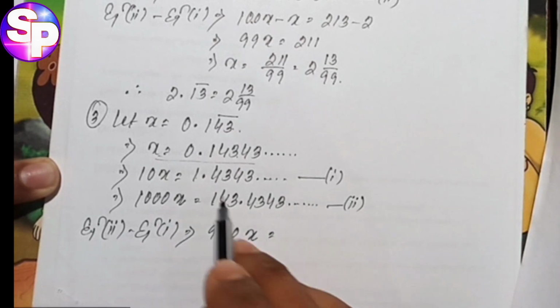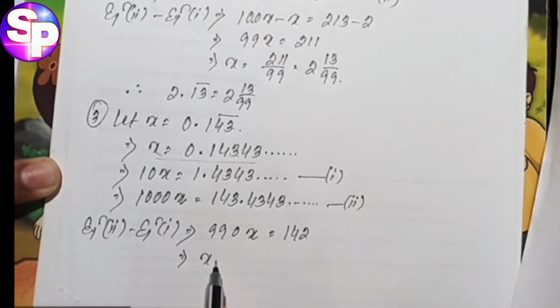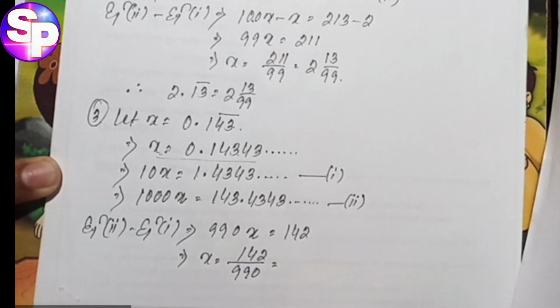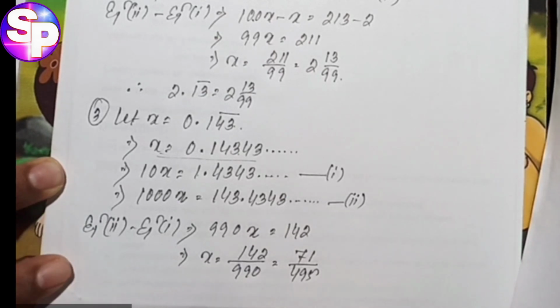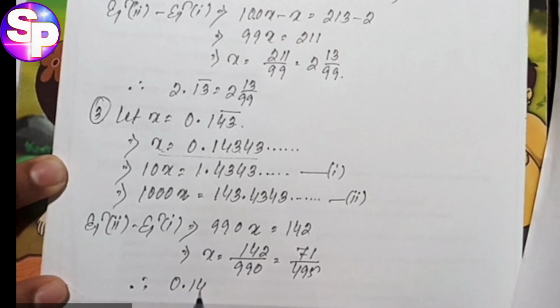So x is equal to how much we are getting? 142 divided by 990. By cancelling, converting to the reduced term, I got 71 by 495, right? Therefore 0.143 with the bar upon 43 is equal to 71 by 495.